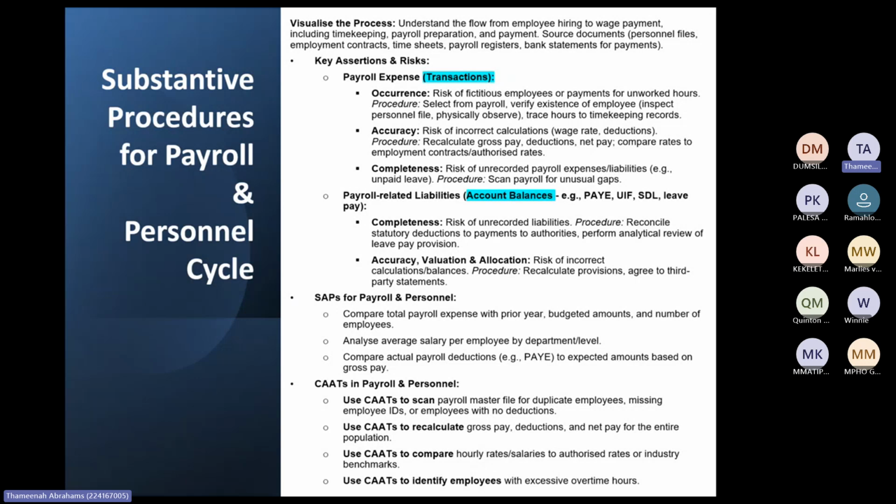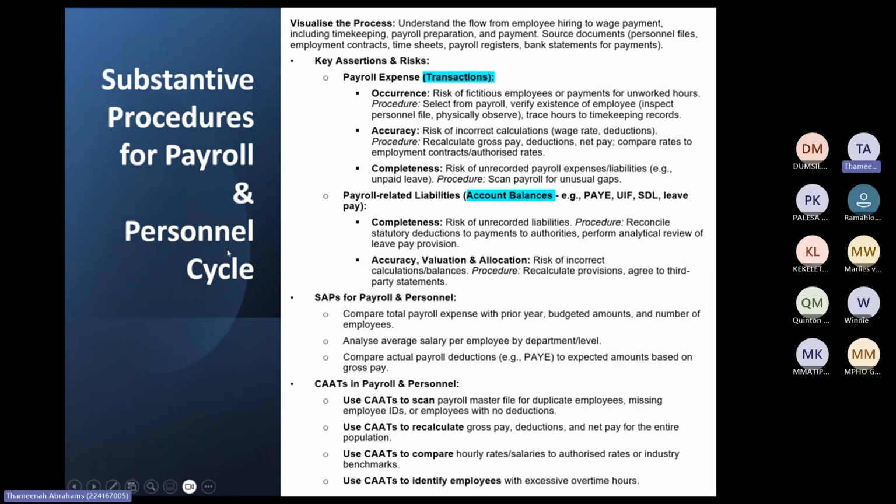For example, if a salary worker gets 12,000 a month, then you say 12,000 times 12 should be the annual amount. So you can recalculate salaries, you can recalculate deductions, because there are rules behind pay as you earn. Depending on which individual tax bracket you are in, you can recalculate the pay as you earn. Sorry, you can recalculate the SDL, and so forth.